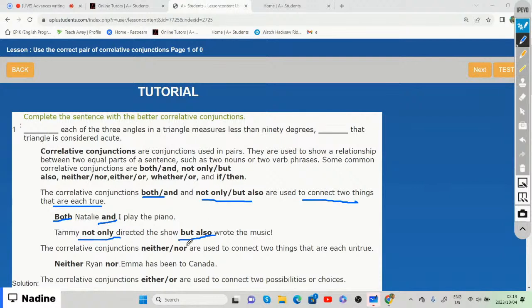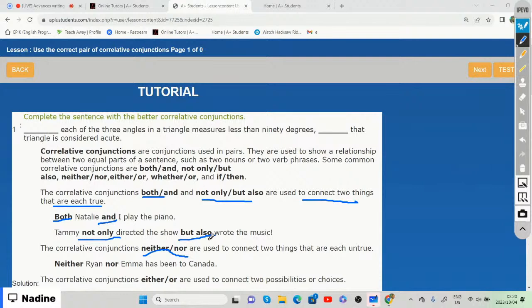And if we use neither or nor, then we can say the correlative conjunctions neither or nor are used to connect two things that are each untrue.